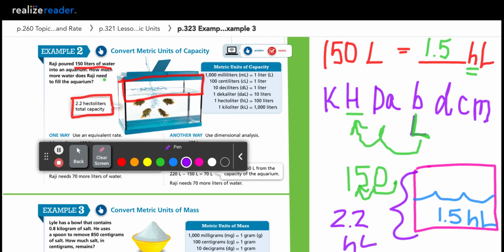So we have to figure out what this missing space is. So we would have to subtract. We would have to subtract the total minus the part to get the other part. So 2.2 minus 1.5, you can put that in your calculator. 2.2 minus 1.5 will equal 0.7 hectoliters of water.